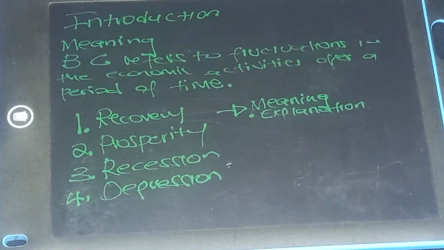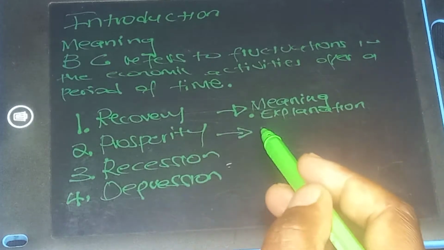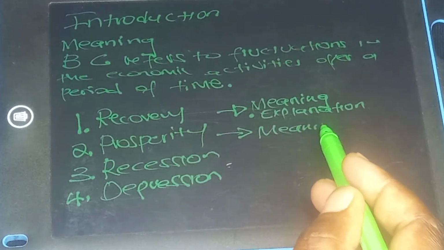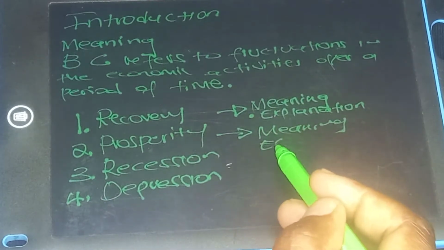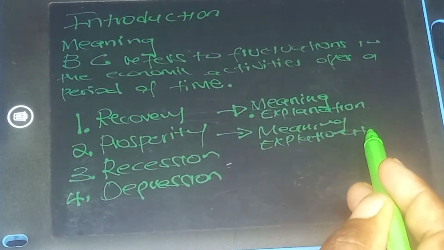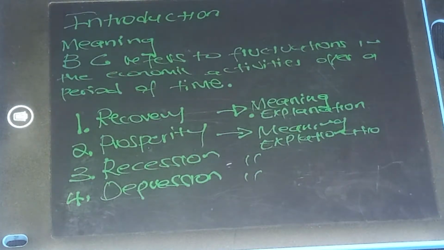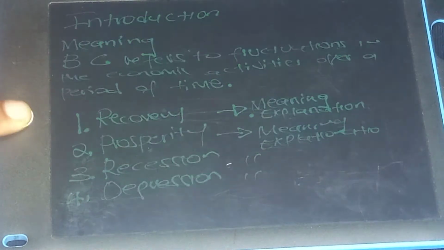For all phases, we are going to do the same thing. Prosperity, for example, we are going to write a meaning and explanation. For all of them, we do the same thing. Okay? Now, let's start.